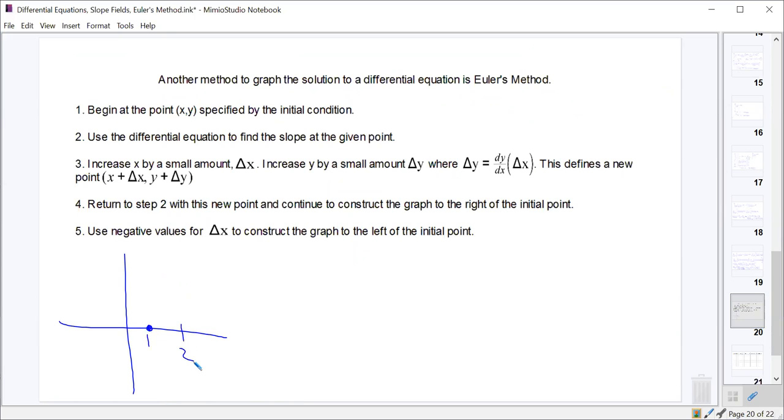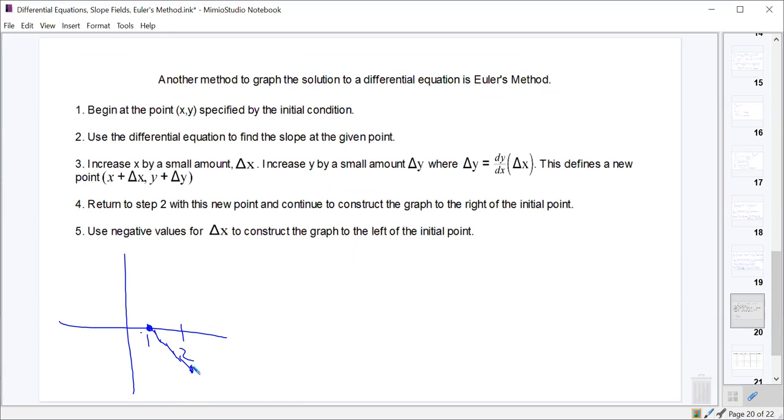Let's say we want to approximate the value at 2. Well, we're going to say that the tangent line at 1 looks about like this. And then the tangent line at 1.2 looks about like this. And then at 1.4 it looks like this. And at 1.6 it looks like this. And 1.8 it looks like this. And that gets us to 2.